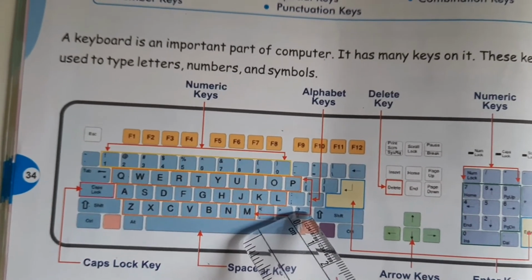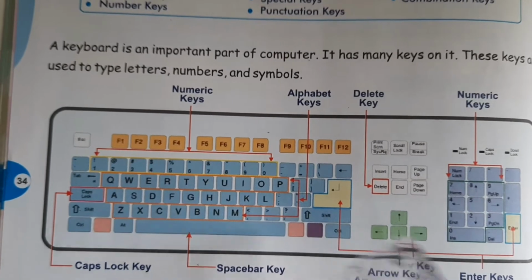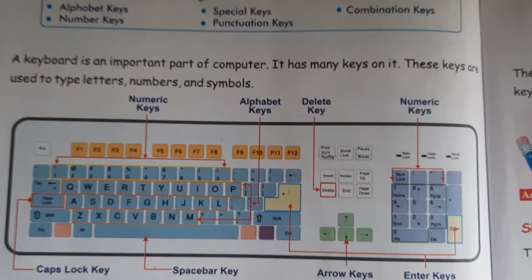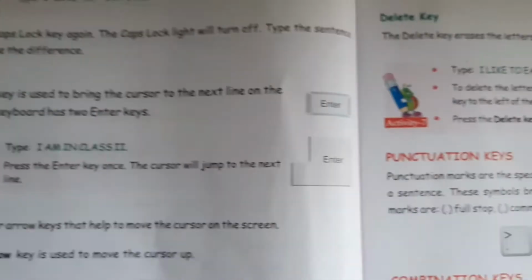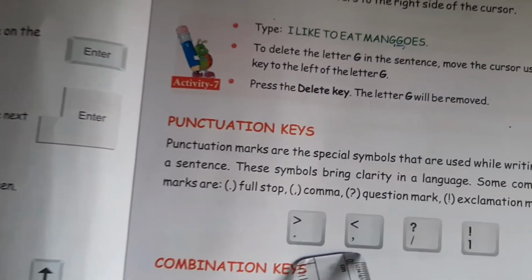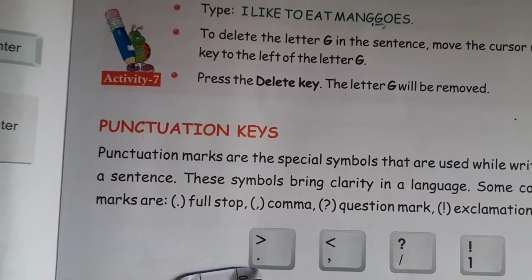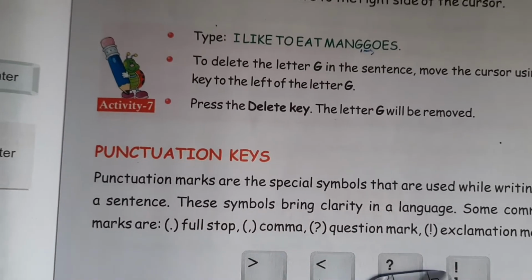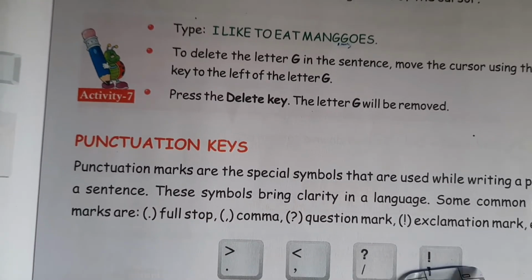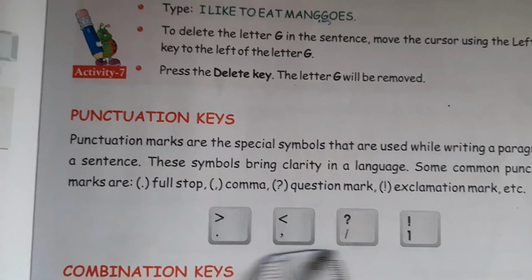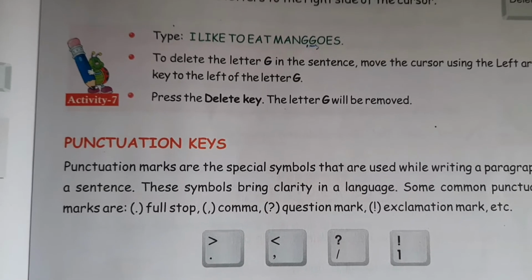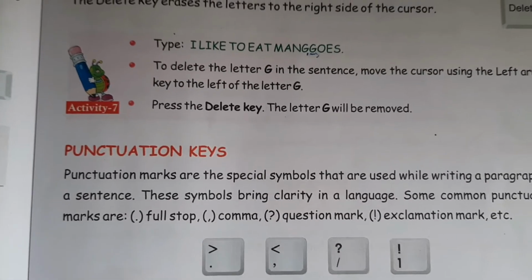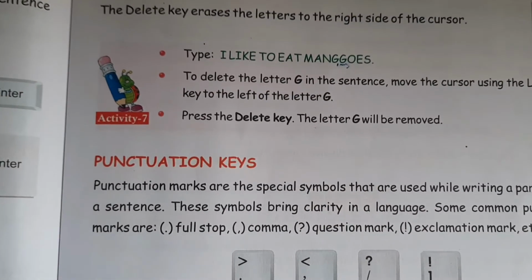So here on your keyboard you can find all the punctuation keys, right? So these punctuation keys, you have full stop, comma, a question mark and an exclamation mark. You find these keys on a keyboard and you use these keys to type the punctuation marks while typing a sentence or a paragraph on your computer.